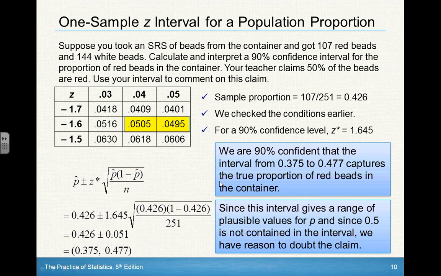Well, who knows? Even when you do everything right, 10% of the time you get unlucky and don't catch the truth. Nevertheless, if you're pretty sure the right answer is in here, then you're pretty sure 0.5 isn't the right answer, and you would have reason to doubt the claim that I made that it was 50-50.